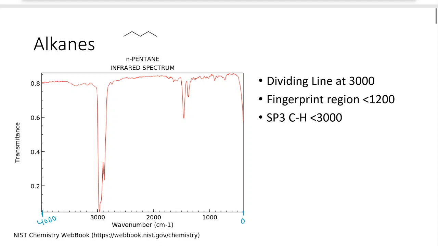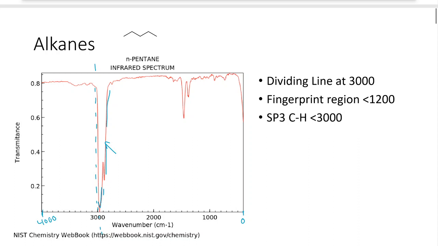Okay? So the first thing we do to interpret an IR spectrum is notice that there's usually a peak just below 3,000. So we mentally draw a dividing line at 3,000 and look just below 3,000, and we'll see these peaks that are usually pretty strong.